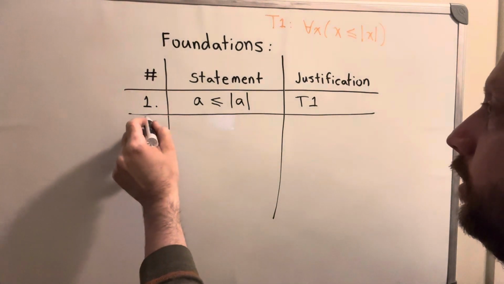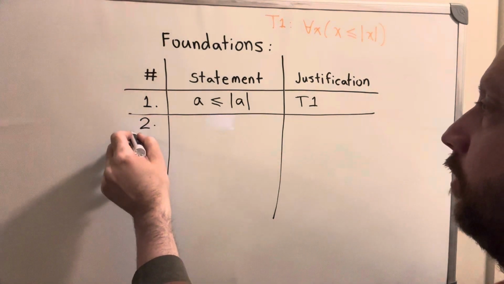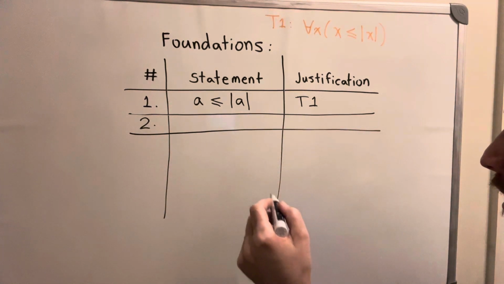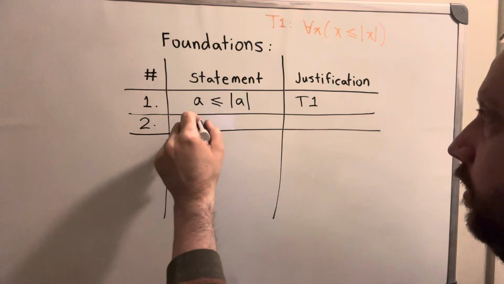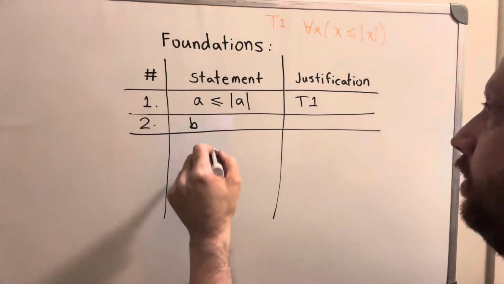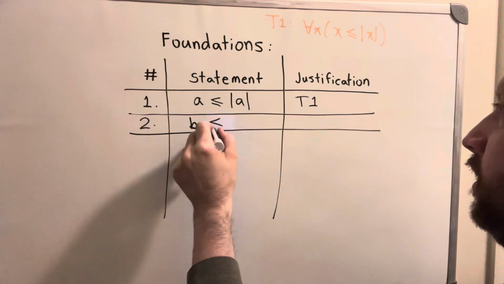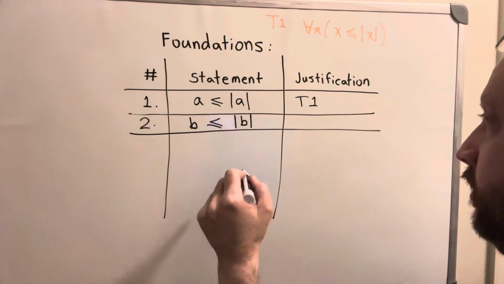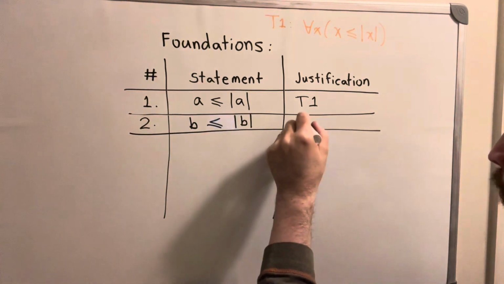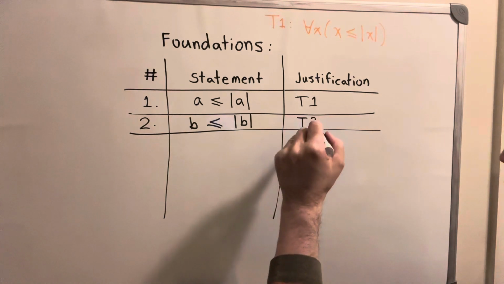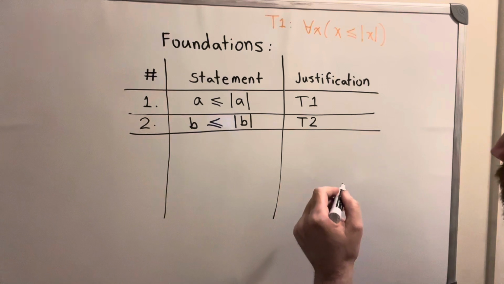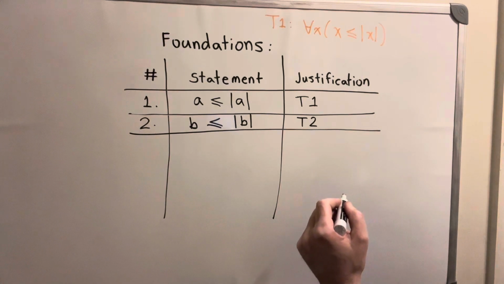Okay, here's another step 2. Now we're going to pick another random real number which does not have anything to do with a. We're going to say b is less than or equal to the absolute value of b. And the justification is that theorem 1, which says for any real number x, x is less than or equal to the absolute value of x.